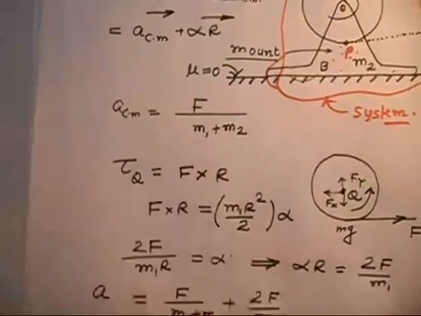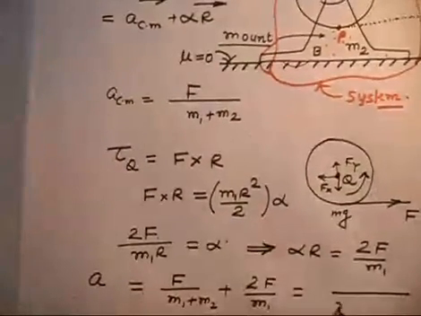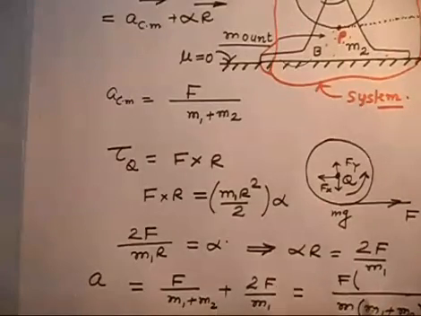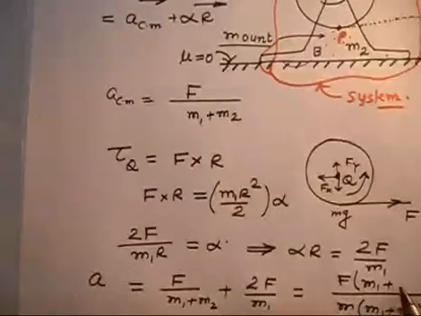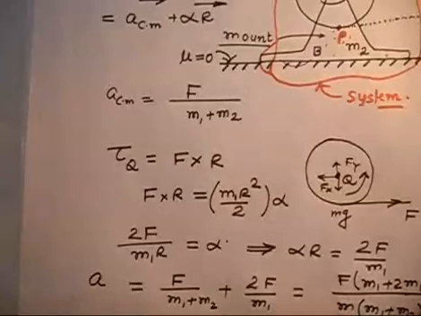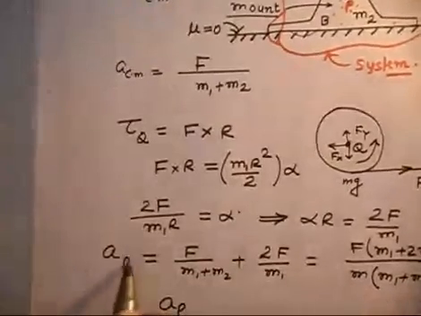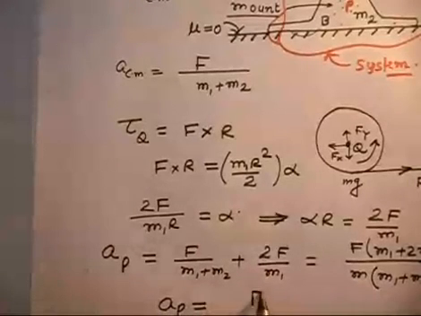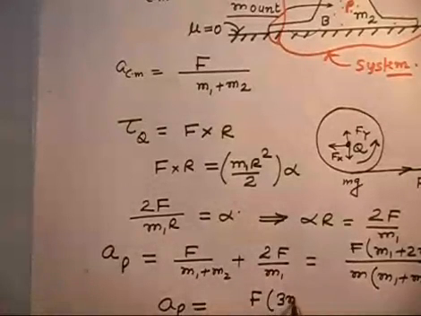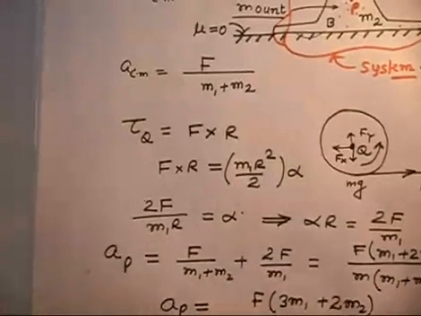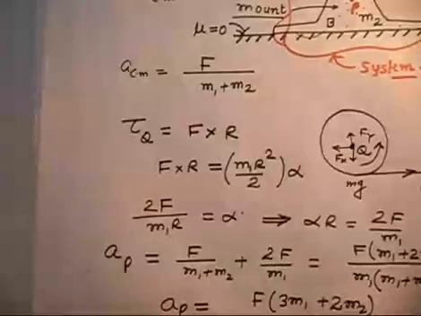So simple. Now if I take m1 into m1 plus m2 common, in the numerator F is common, so I will have m1 here, and here I will have 2m1 plus 2m2. So acceleration of point P is given by this equation: F times 3m1 plus 2m2 divided by m1 into m1 plus m2.